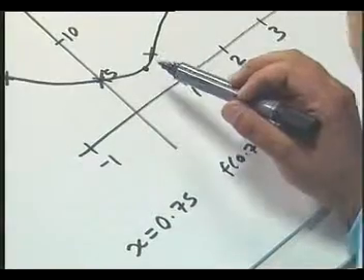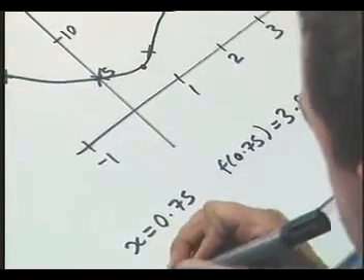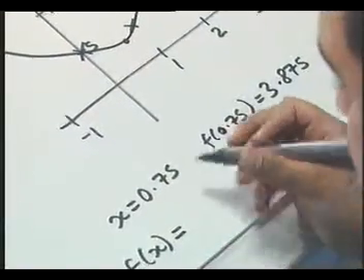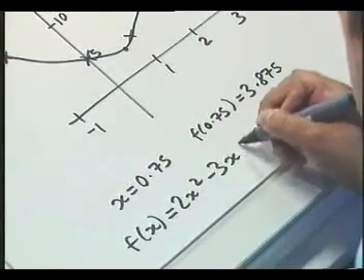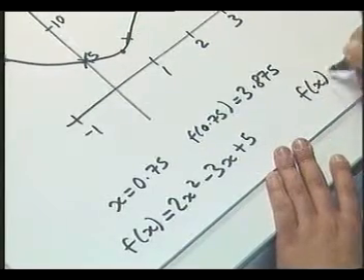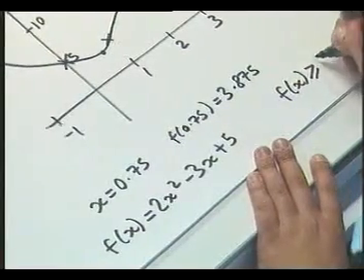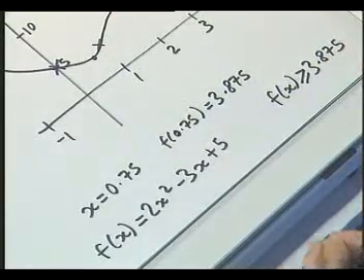So this means when we look at our domain and range, we need to make no restrictions on the domain because our function was valid. However, our range has a minimum of 3.875. So we write this as f of x equals 2x squared minus 3x plus 5, and the range f of x has to always be more than or equal to 3.875.